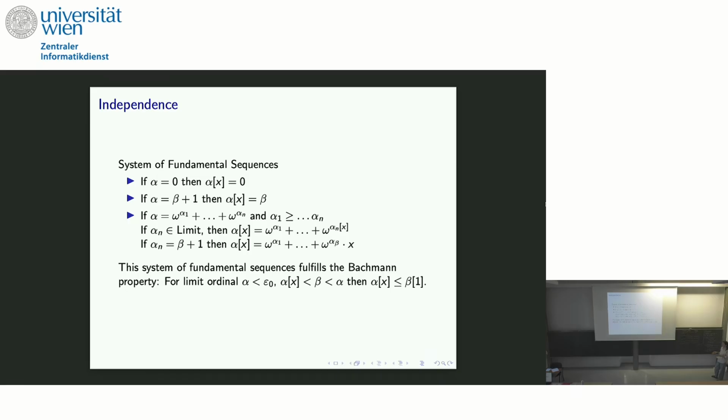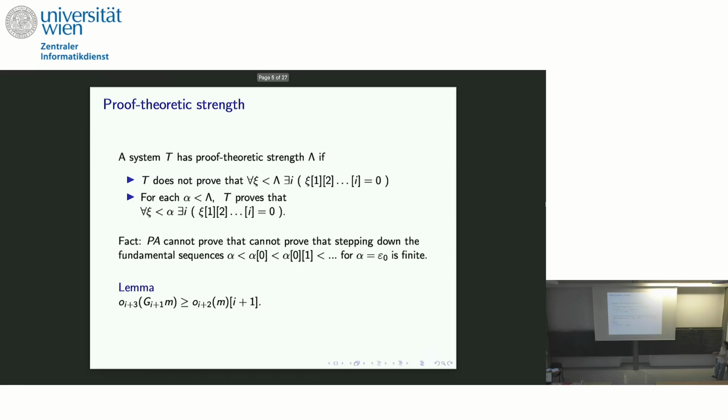And why do we need this? We need this because of the second ingredient that we need to prove independence. Now, every theory has a proof-theoretic ordinal, and this is more in the field of ordinal analysis.